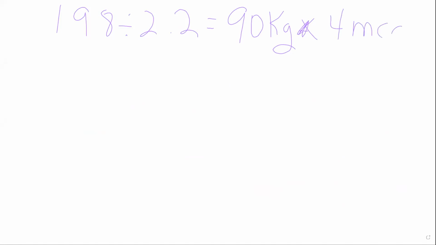The weight is 198. I end up with 90 kilograms. I need to multiply that times my ordered dose of 4 micrograms. It gives me 360 micrograms per minute.